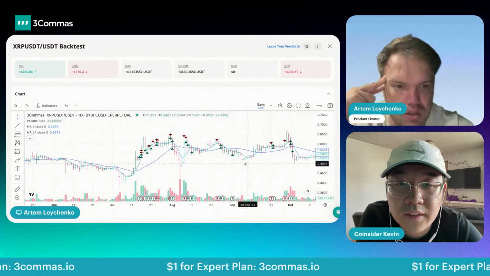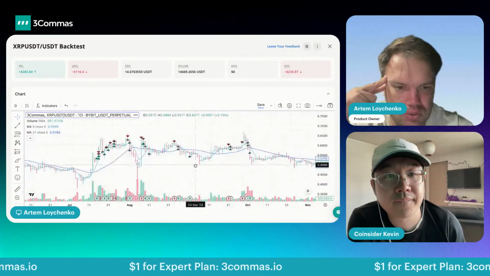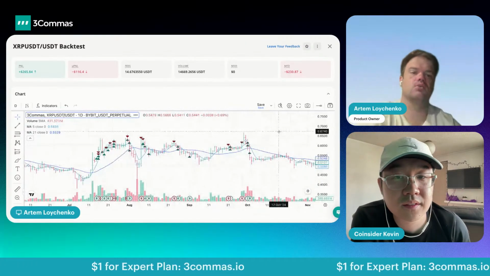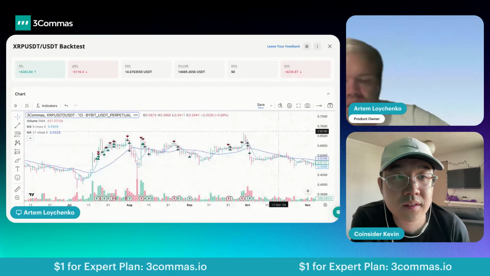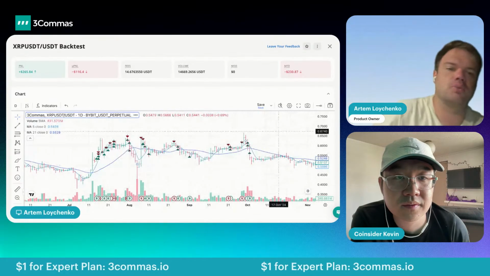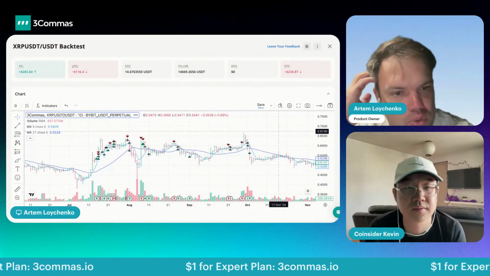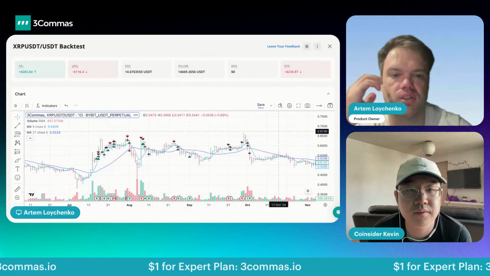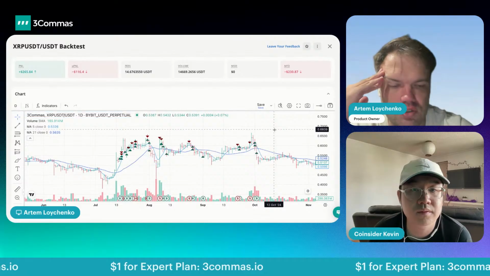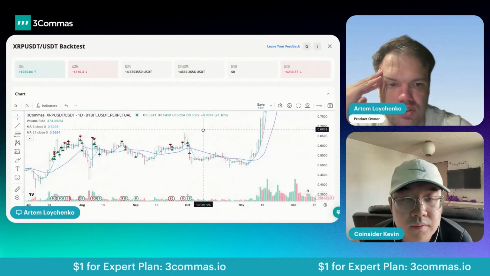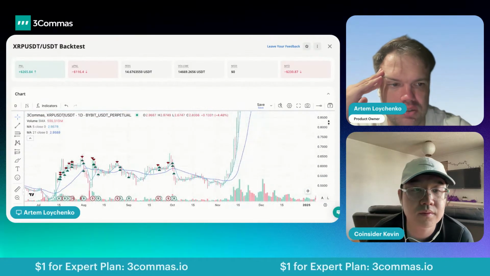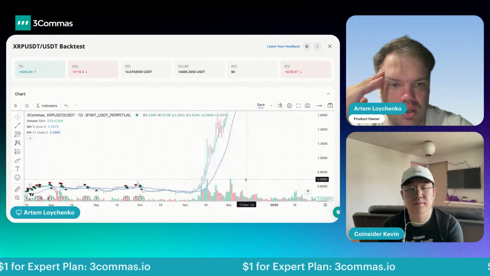Okay. I think we did it all. We checked a few market situations. I mean, sideways market, volatile market skewing to long trend. We did a short backtest. We applied it to different market scenarios, different parts of the market cycles on the chart.